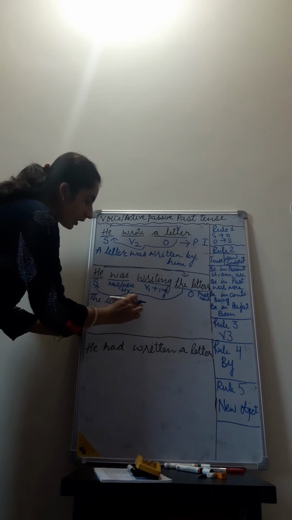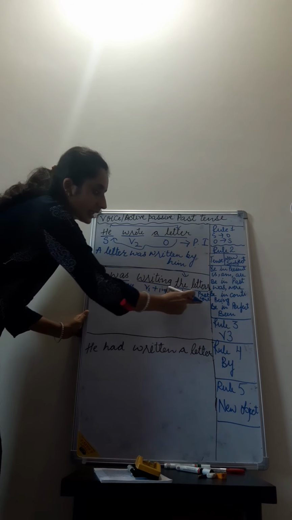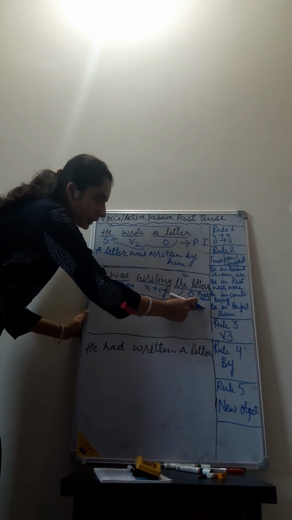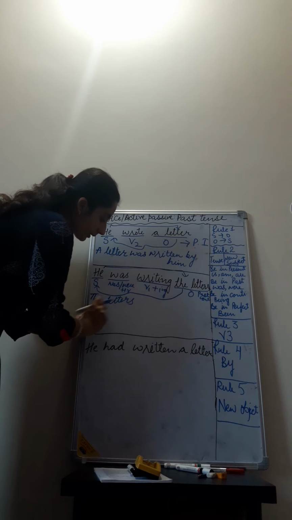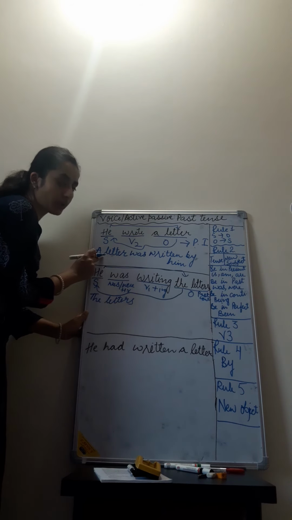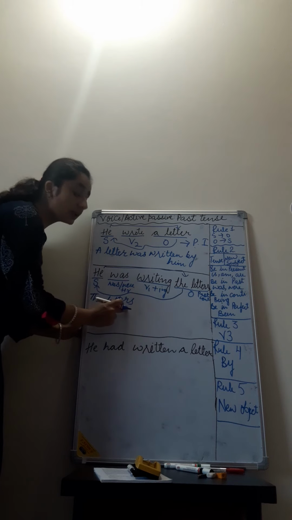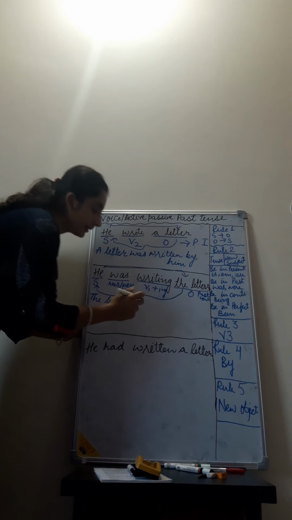Okay. So our rule number 2 says check the tense. We have already checked. This is the past continuous tense. We can add here was or were, but as you know, with a letter it was only was, here the letters, it is plural. So instead of was we need to add here were.